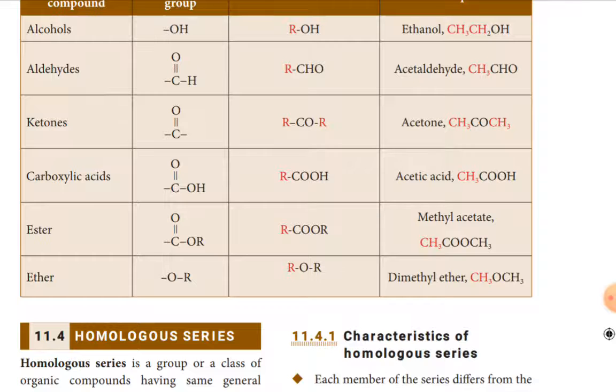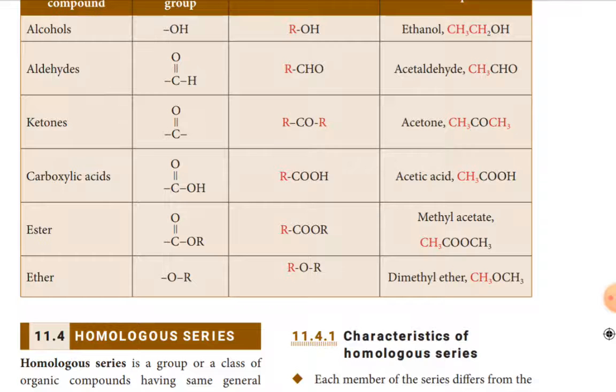Then ketone. The ketone functional group is CO, carbon and oxygen, carbonyl. That carbonyl group acts as a functional group, and on either side R is given. So two alkyl groups are attached on either side of the carbonyl group. Both the R may be from the same alkyl or different alkyl. So actually there are two types of ketone, simple ketone and mixed ketone. Simple ketone means both the R are from the same parent hydrocarbon.